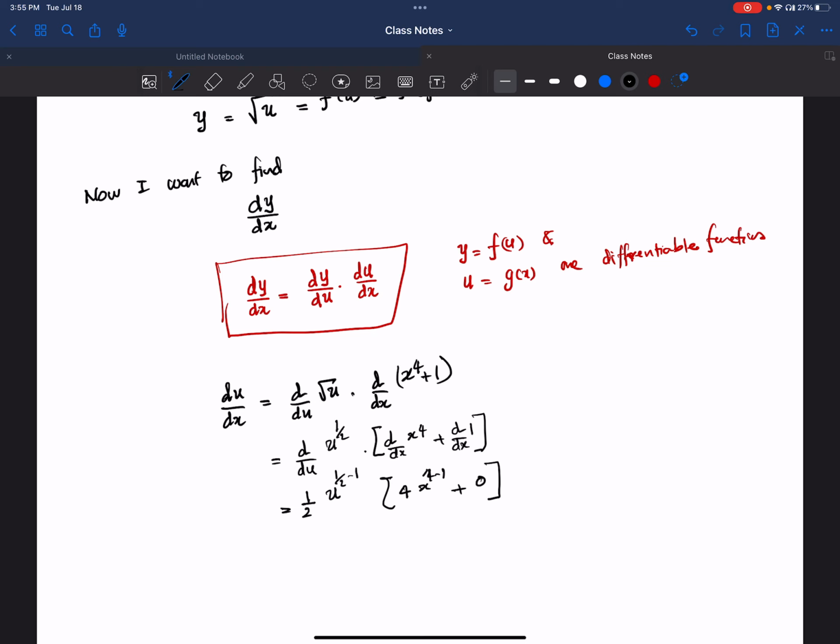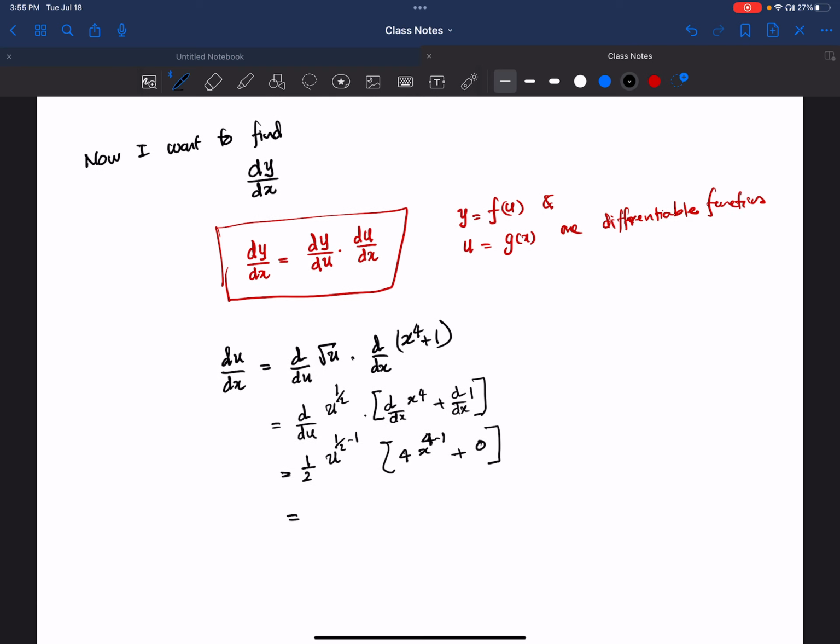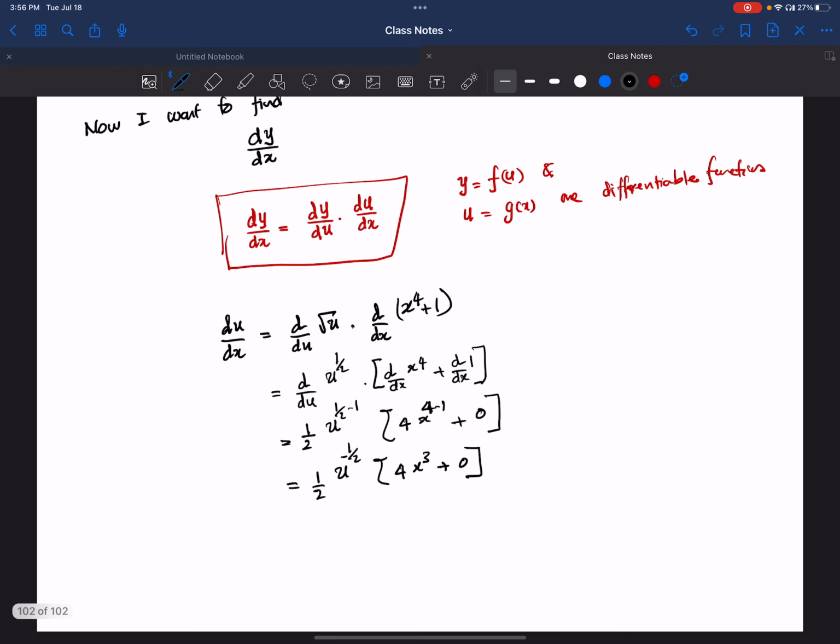So we have half u to the power negative half, times 4 times x cubed plus 0. So we have 2x cubed, 2 times, hold on, I just want to skip that step of 2, and then you have half u to the power negative half.